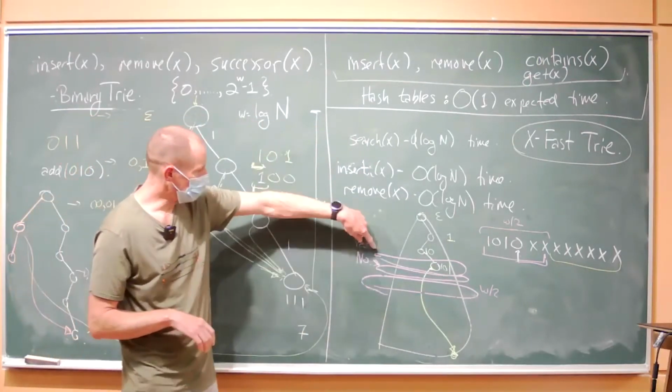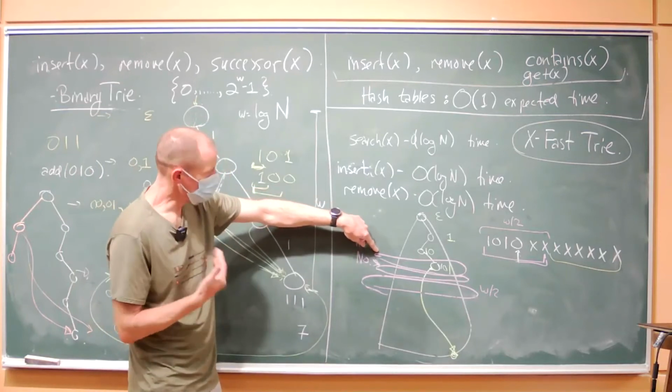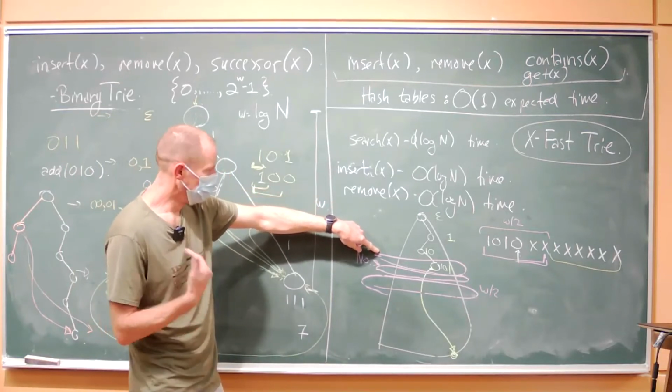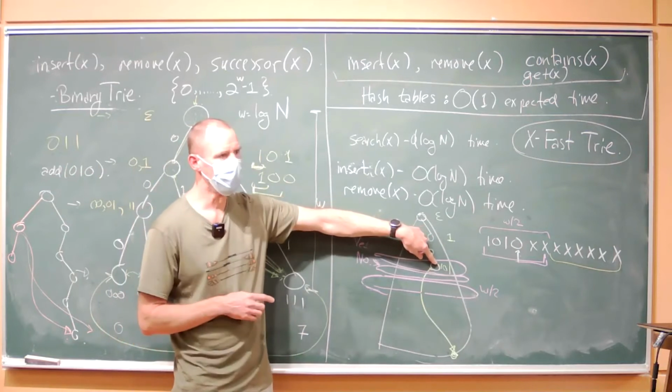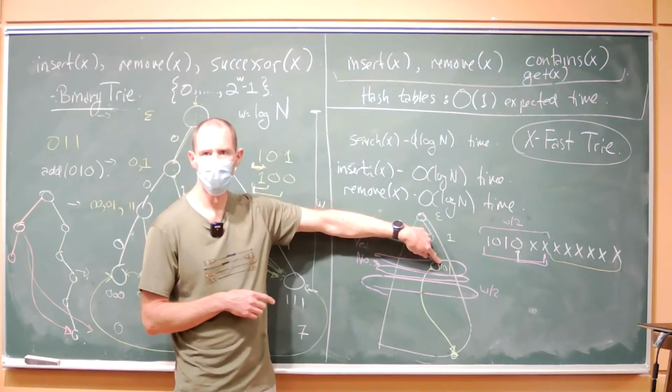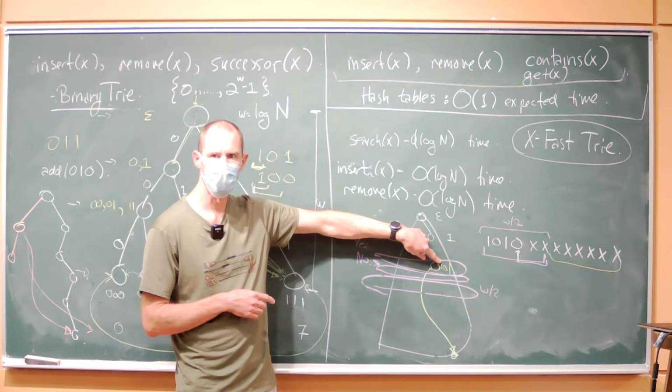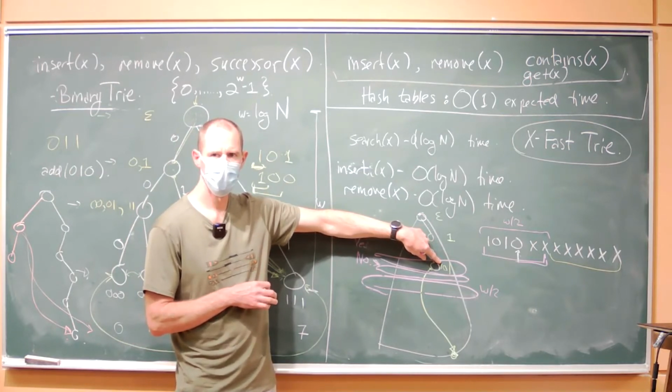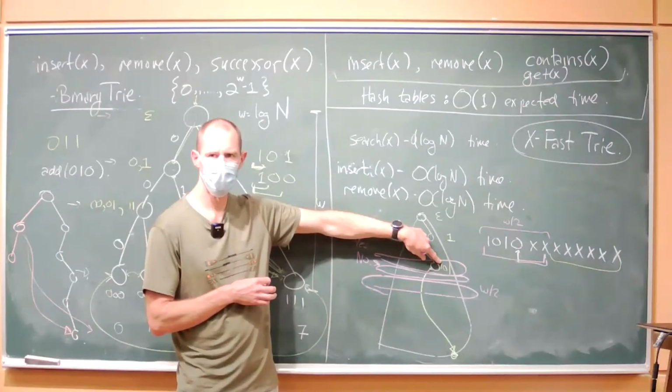The hash table can tell you which node has that label, and that node has the jump pointer that takes you to the answer. Does that answer your question?